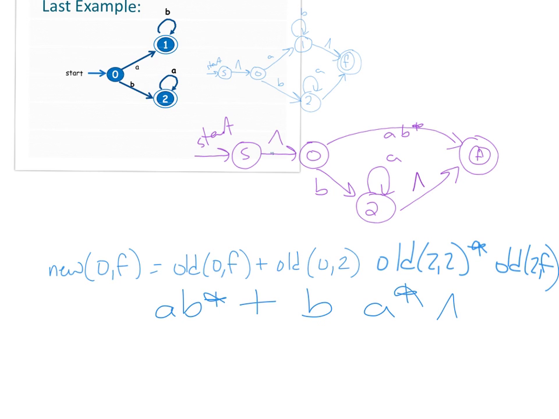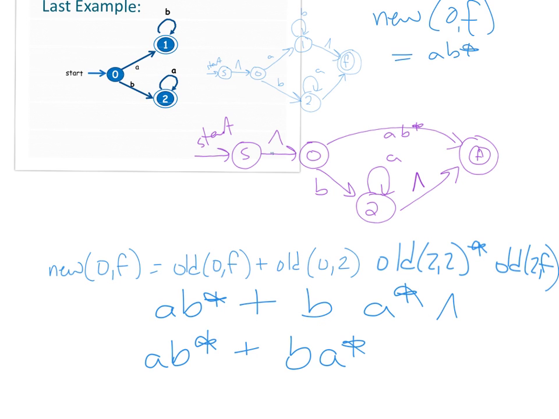And so when we simplify this, we get AB star plus BA star. Okay, so let me just make a note of that. We're going to be putting in the new 0 to f as AB star plus BA star.